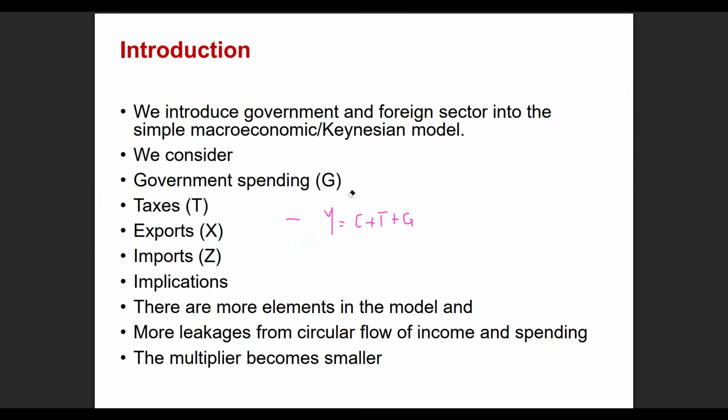But you're going to see this. And the multiplier becomes smaller. You must remember the multiplier. We said that the multiplier measures how much income is generated by an increase in any of the components of autonomous spending, such as investment.